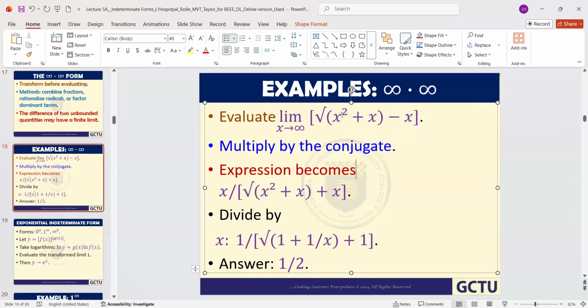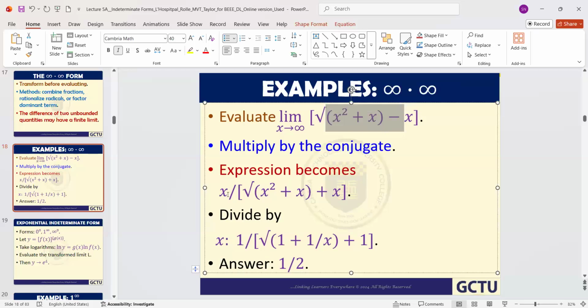If I multiply this function by its conjugate, the conjugate will be plus. The numerator here should be over x. Multiply the numerator and denominator by it. So I multiply the numerator, x squared plus x into bracket minus x, times this same thing, x squared plus x, this time plus x.